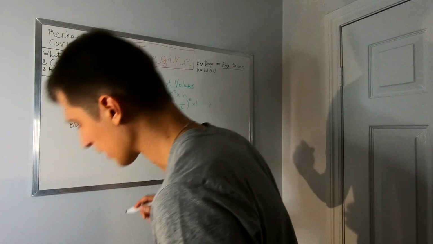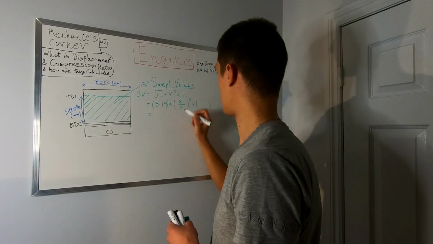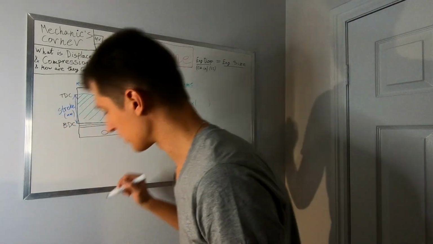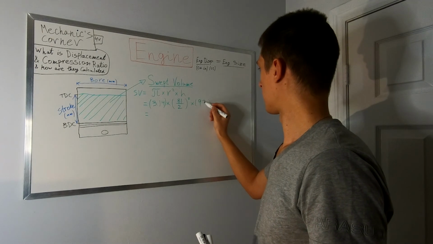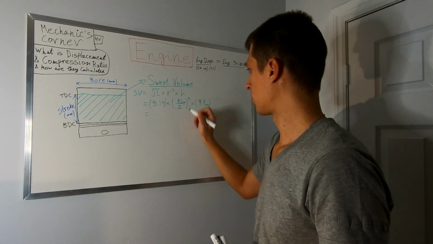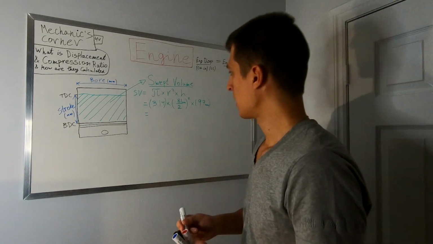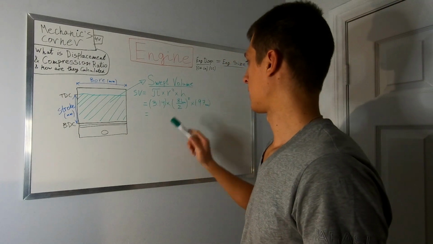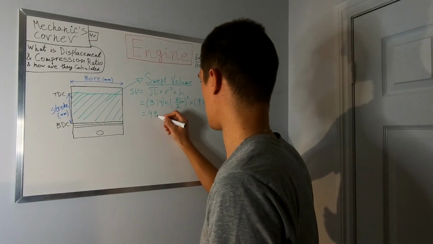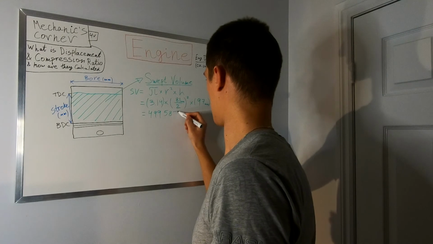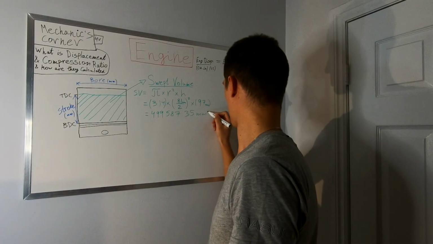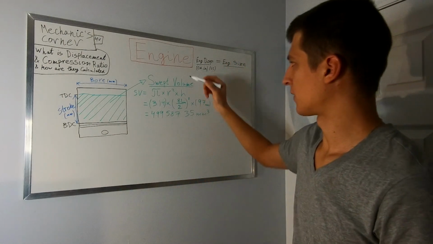And it's important to remember the units that you're using. We're in millimeters. So if you multiply this by that squared and multiply by that, we'll get 499,587.35 millimeters cubed, because it's volume.